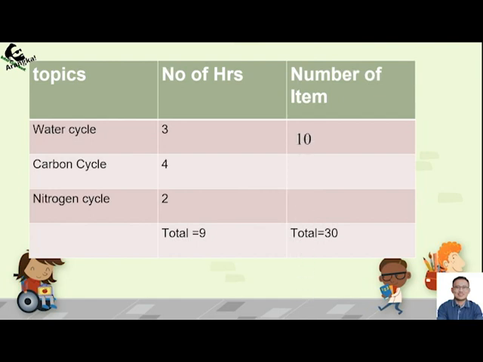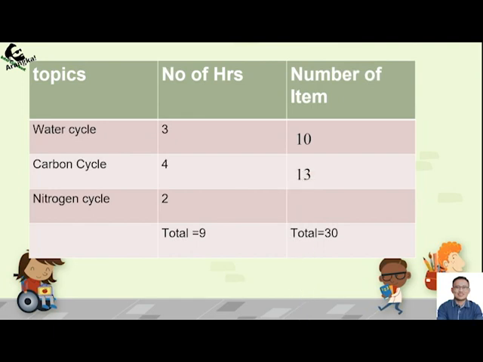Yes, that is 10. Right? So, very good. How about carbon cycle? It consumes 4 hours. Then, what's the total number of item? 5, 4, 3, 2, 1. Alright. So, comment your answer below.